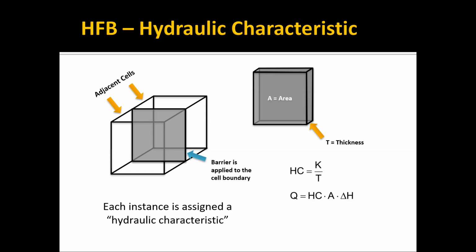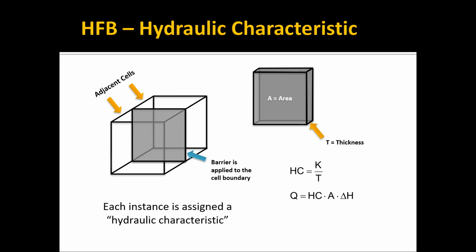And then inside the model, as MODFLOW calculates flow from one cell to the next, it takes the hydraulic characteristic and multiplies it by the area, and then multiplies that by the head difference.